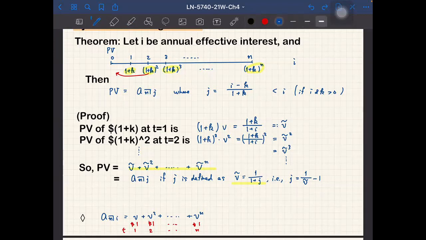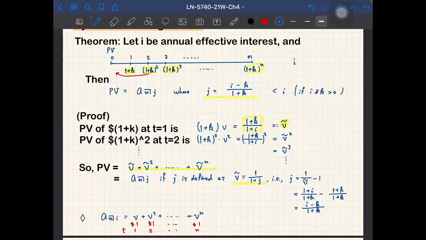And v tilde is defined as 1 plus k over 1 plus i, so j is the reciprocal of this quantity, 1 plus i over 1 plus k, minus 1. And 1 is 1 plus k over 1 plus k, so you can say this is i minus k over 1 plus k. So this is j, and it coincides with the earlier claim.